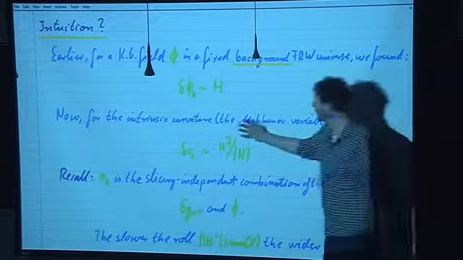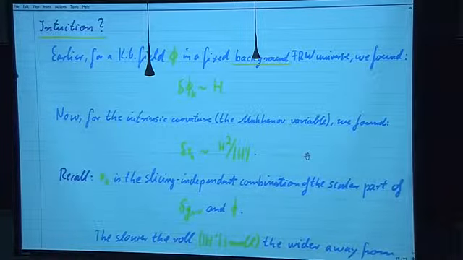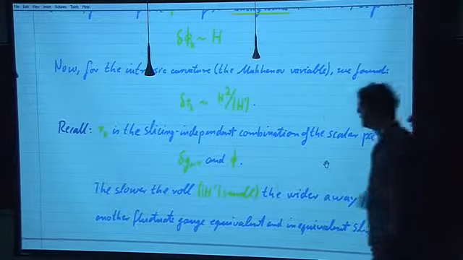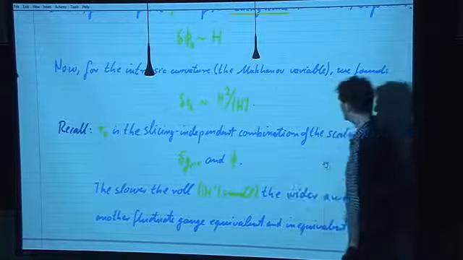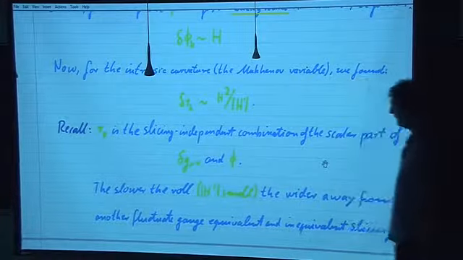So for the Mukhanov variable, we now find this behavior rather than that. Now, why would that be? Remember that the Mukhanov variable is a slicing-independent combination of the scalar part of the metric and of the inflaton field.